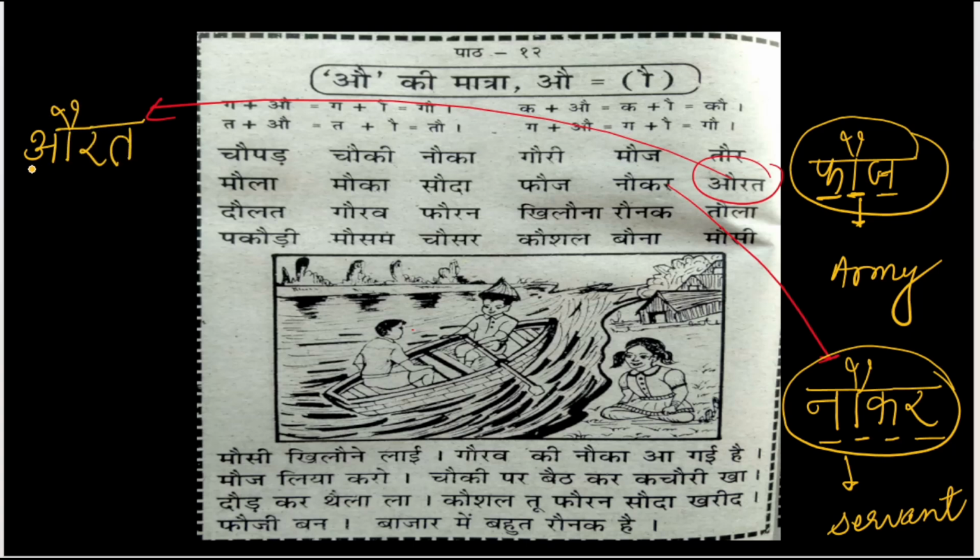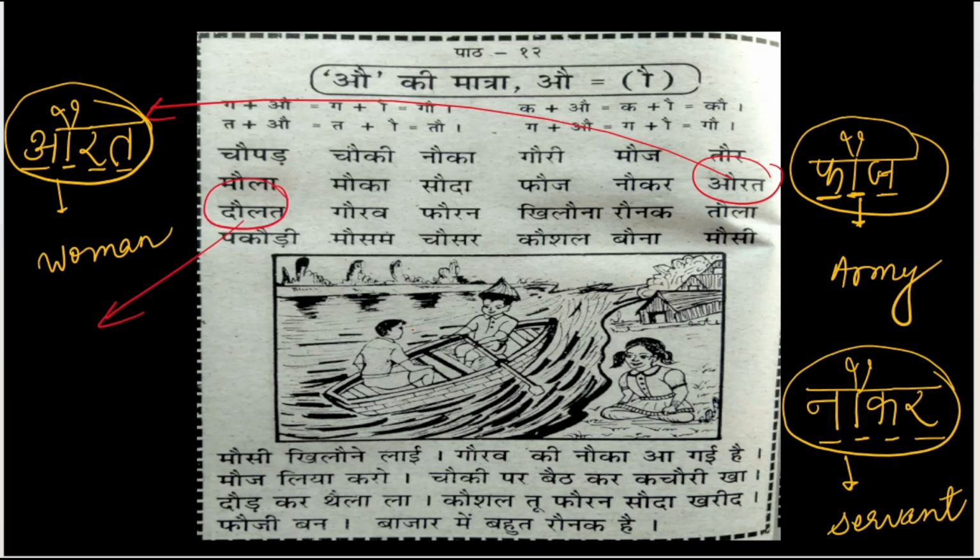Now it became aurat, which means woman. This is da, this is the matra of au, this is la, and this is ta. Now it became daulat, daulat, which means wealth.